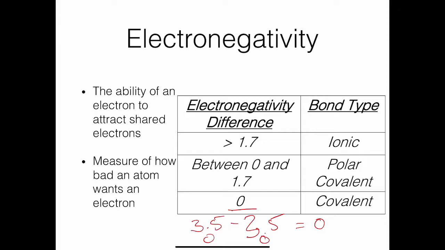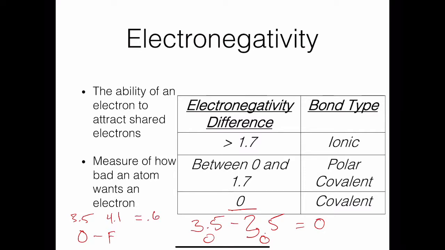Now, anything between 0 and 1.7 is going to be what's called a polar covalent bond. So, for example, if I have an oxygen and a fluorine, I'm looking at a difference of 3.5 and 4.1. And don't get hung up on the negatives here either. We're just looking for the absolute value of the difference. So the difference between 4.1 and 3.5 is going to be 0.6.